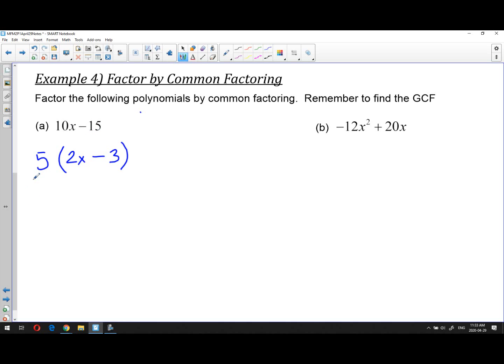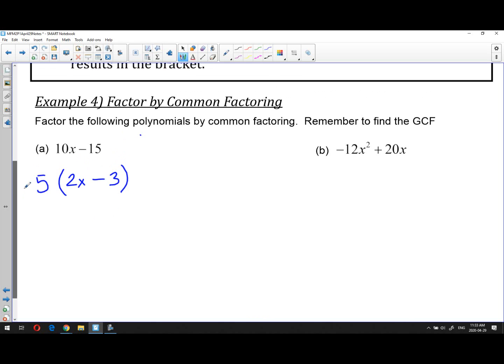Okay, so that's really just the entire process. Now, you get a little bit of a twist here when your first term is negative. If your first term is negative, your greatest common factor must also be negative. So in this one, negative 12x squared plus 20x, thinking for now about the 12 and the 20, what's the largest number we could divide 12 and 20 by? Well, 4 works, right? 4 looks like it's going to be the biggest one.